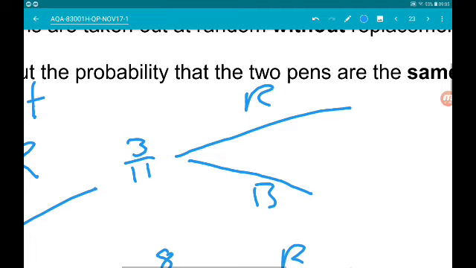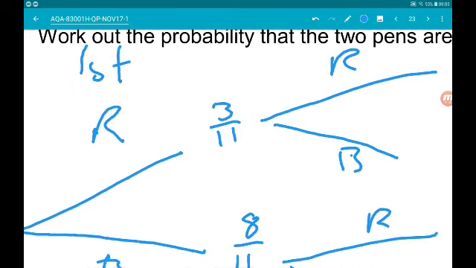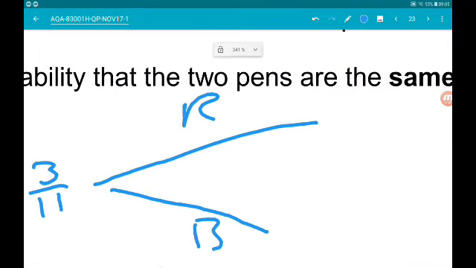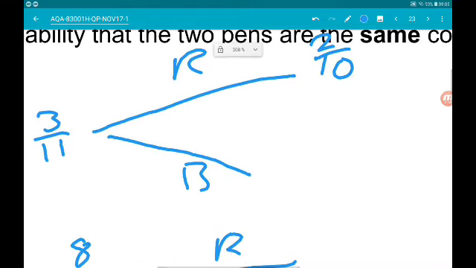So, our probabilities are now going to be out of 10 because we've taken a pen out of the box. So, if we took a red, there is now 2 red pens left out of 10 pens in total. And that would mean the probability of getting a black would be 8/10.